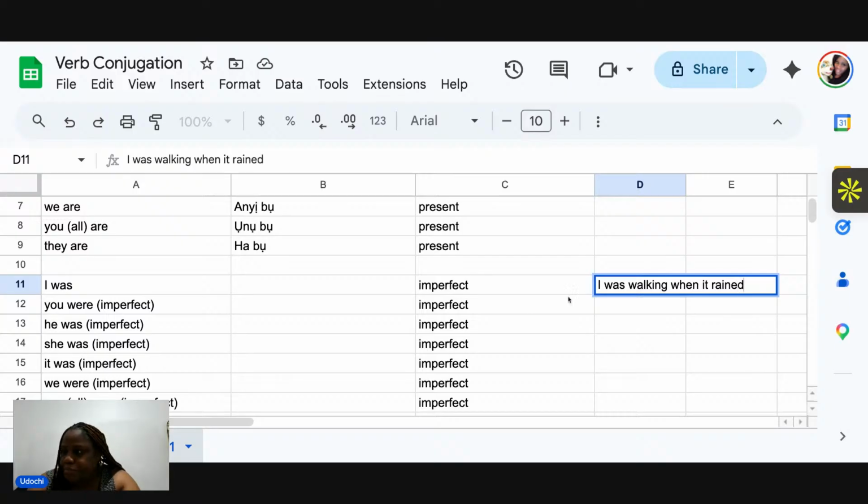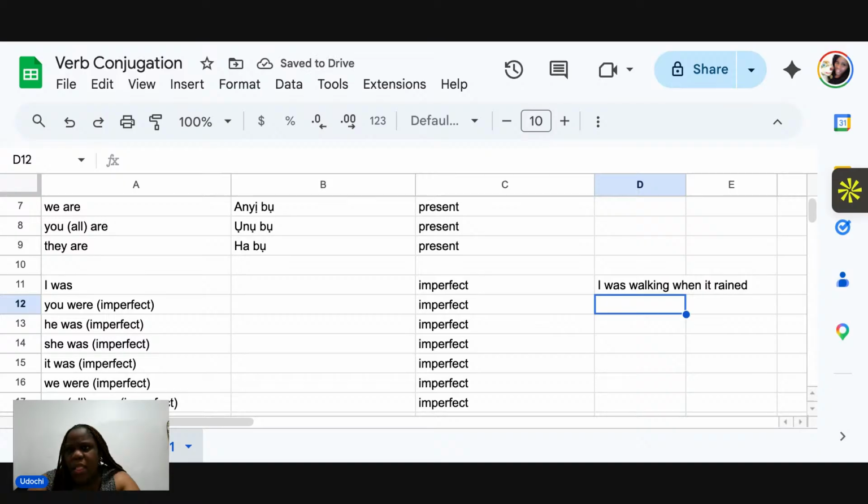Or, hold on, let me find another example.